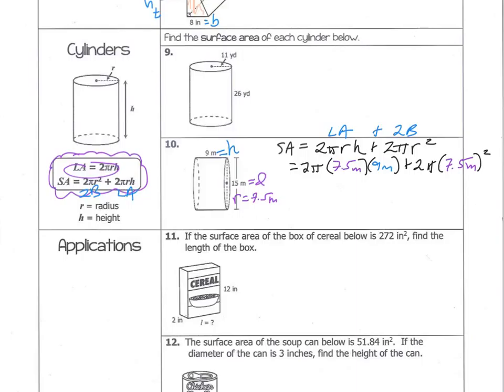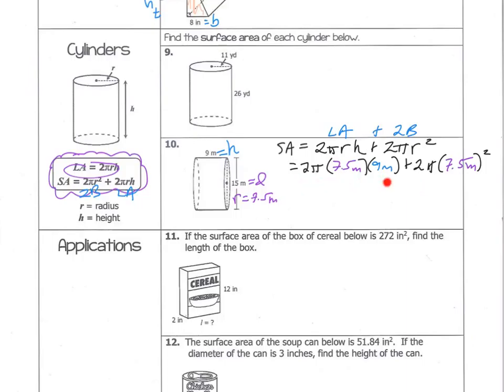There's no mention on this whether they want it rounded or not. If I were you, I would assume exact answers with cylinders and cones and spheres. So anything that has pi in it, give an exact answer, and then if they want it rounded, you round at the very end. That gives you the most accurate answer.